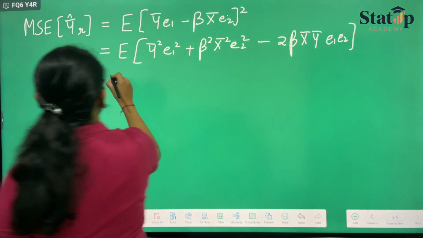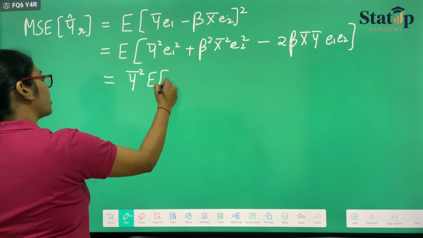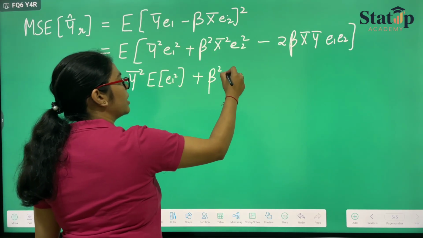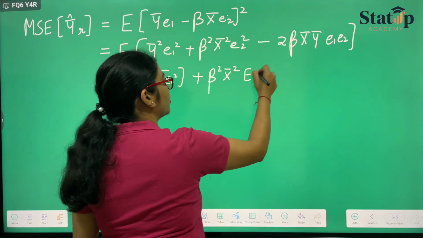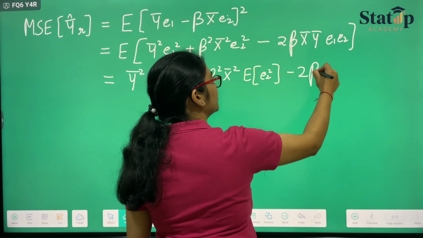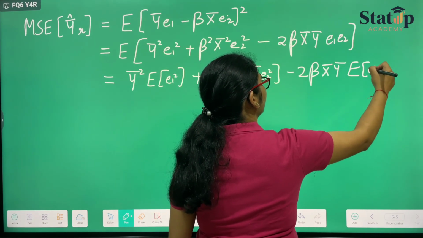Taking the expectation, we will get Y bar square expectation of E1 square plus beta square X bar square expectation of E2 square minus 2 beta X bar Y bar expectation of E1 E2.